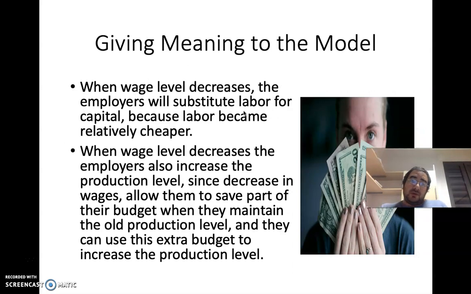So, the meaning of the model: when the wage level decreases, employers will substitute labor for capital because capital will become relatively cheaper. When the wage level decreases, employers also increase the production level, since the decrease in wages allows them to save part of their budget when they maintain the old production level, and they can use this extra budget to increase the production level.